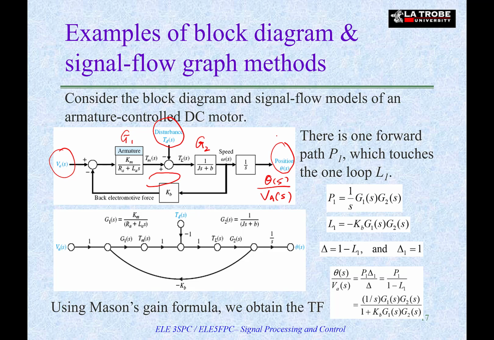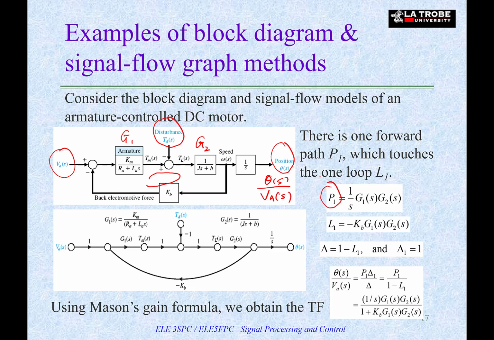So how do we use Mason's gain formula to find the transfer function of this system? We just need to find the information about the path gain, about the loops, and we need to find delta and delta k. In this case, there's only one path, therefore we only need to find P1.